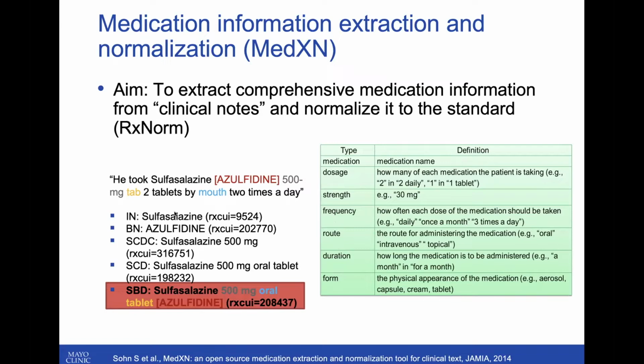There are many potential mappings, to just the ingredient, just the brand name, and different combinations of medication information. But we wanted to identify the most comprehensive information and map it to the standard form, which is the RxCUI, the RxNorm.